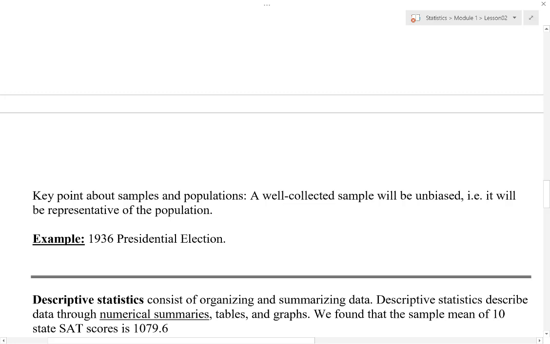You can get a pretty good idea even with as low as 1,000 voters if you select them properly. And this sample was not selected properly, because when the magazine tabulated all the votes, they made a prediction that Alfred Landon, the Republican, would win in a landslide.